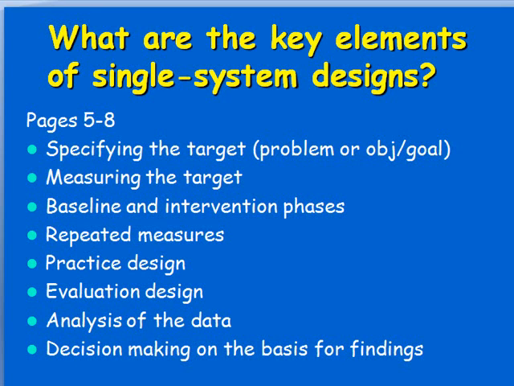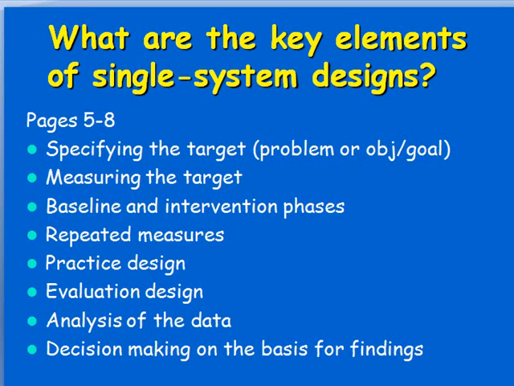The next element of single system design is baseline and intervention phases, which you've already seen earlier in this lecture. You've also seen repeated measures. One example showed you a measure that was taken daily, and then the depression inventory that was taken weekly.